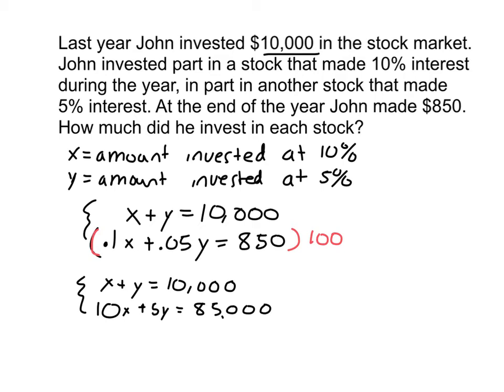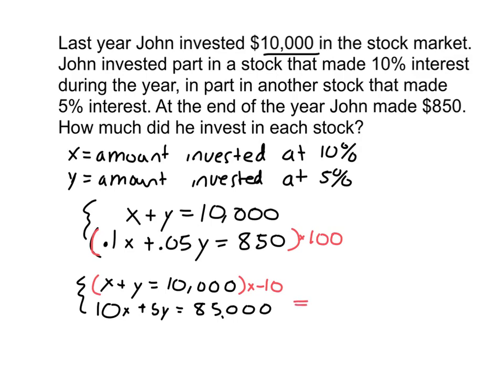Now I'm ready to use the elimination method to solve this. I'll eliminate X. You could have chosen to eliminate Y, but I'm going to choose to eliminate X. To do that, I'm going to multiply every term on the top by -10, so the X's will cancel out.